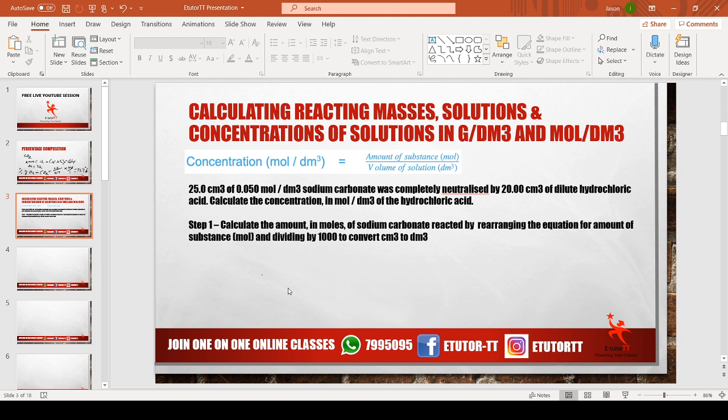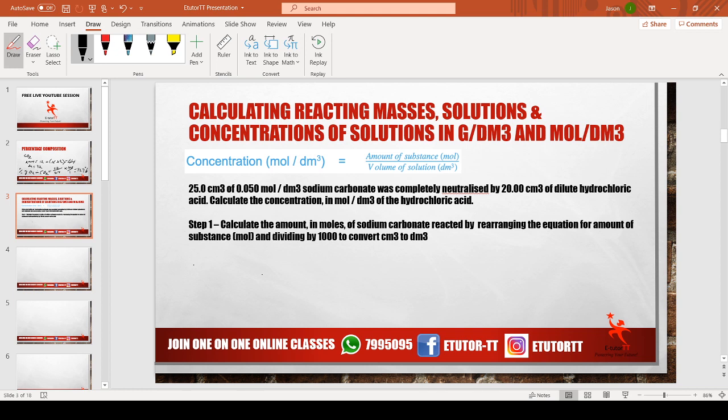So we're going to rearrange the equation. We have molar concentration and we have volume. So we change the cm³ to dm³. Matter of fact, we do everything in one equation. So we have sodium carbonate, Na2CO3, right?